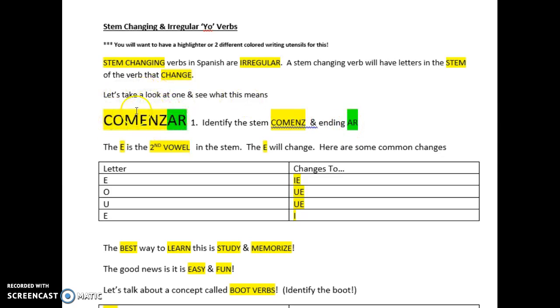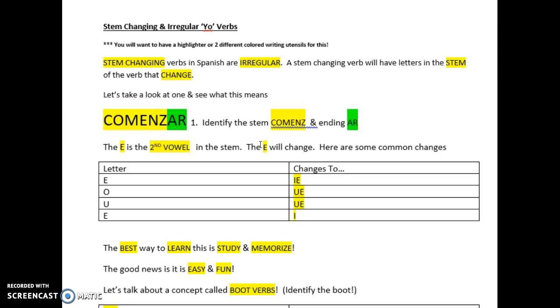Some of our stems have two vowels in the stem. When there is more than one vowel in the stem, the second vowel is the one that will change. So in the case of comenzar, once again meaning to start or to begin, the E is the second vowel in the stem, meaning that the E will be the letter that will change. Let's take a look at some common changes that occur in stem-changing verbs.